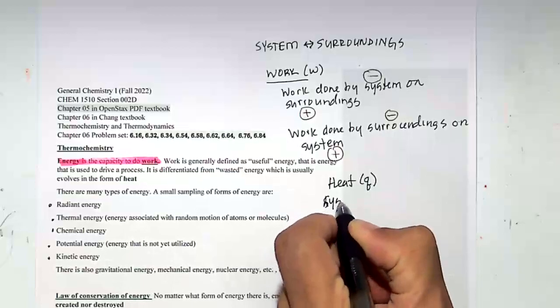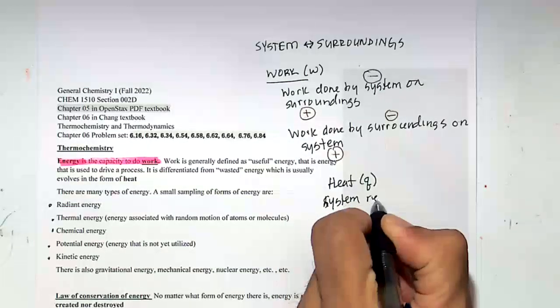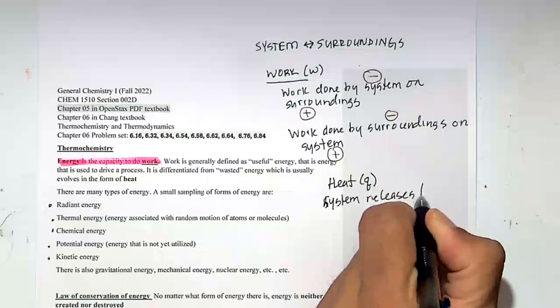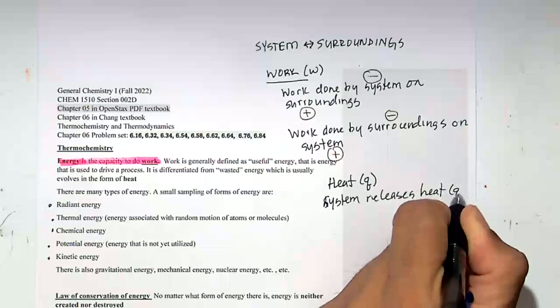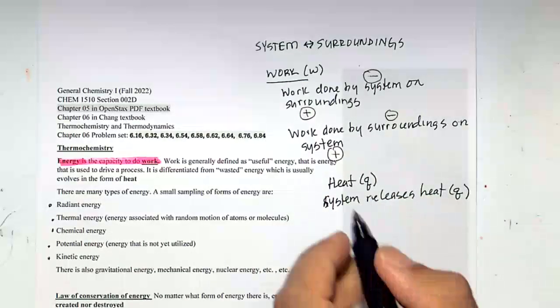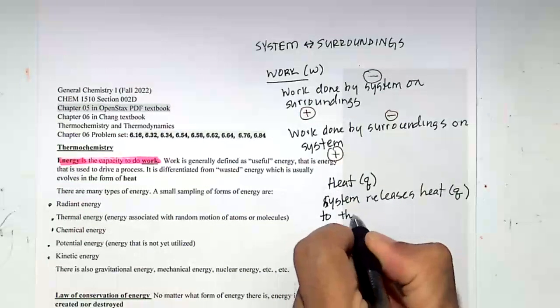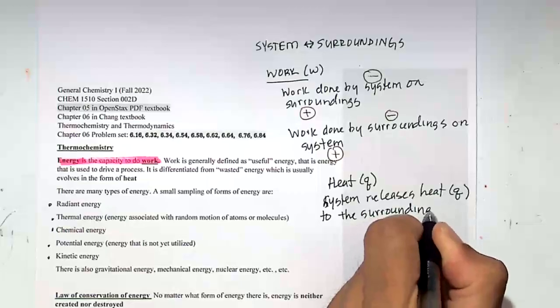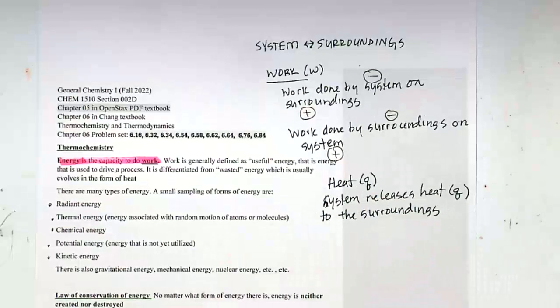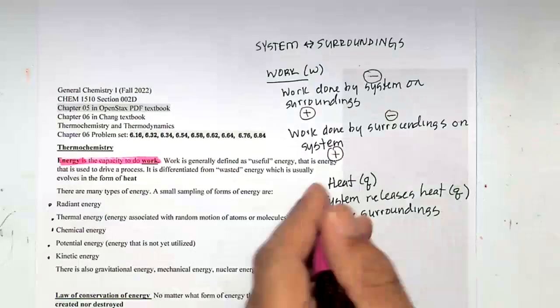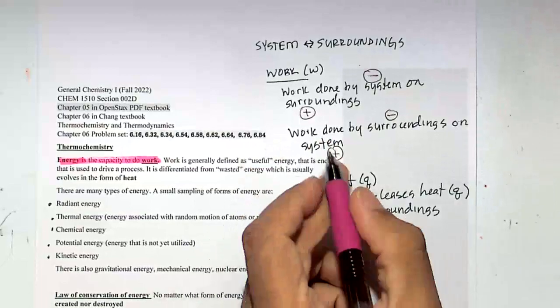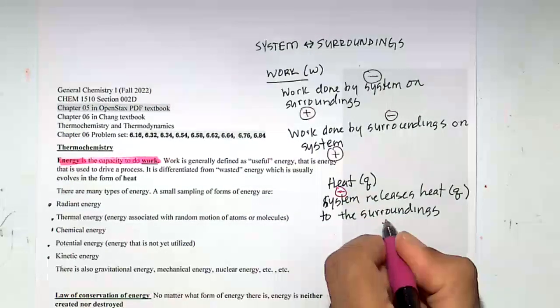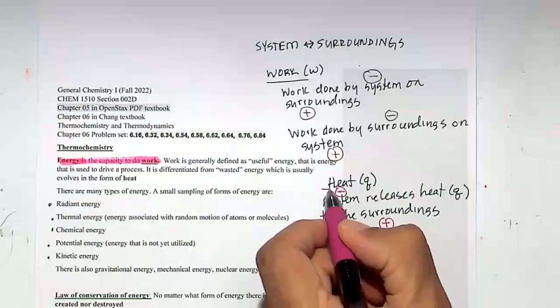So if the system releases heat Q to the surroundings, what is the sign of the system? It releases heat, so it's going to be a minus sign, and the surroundings will be positive.